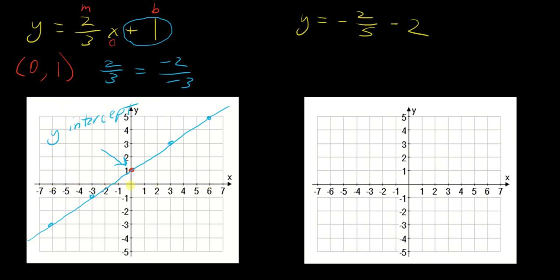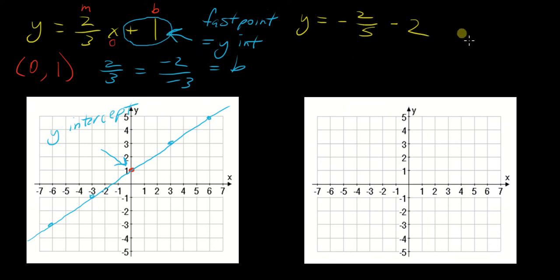If I make x 0, that lines me up right here. So whatever y is equal to is going to be where the y-axis gets cut. So that is one thing that you can remember. Your fast point is just going to be the y-intercept, which is b. This is this number right here always.